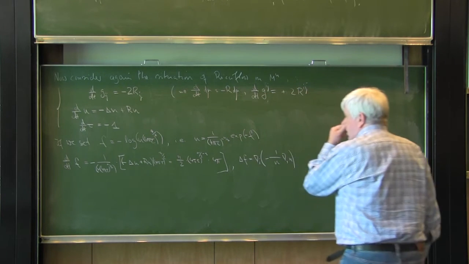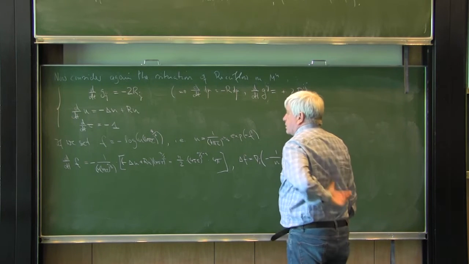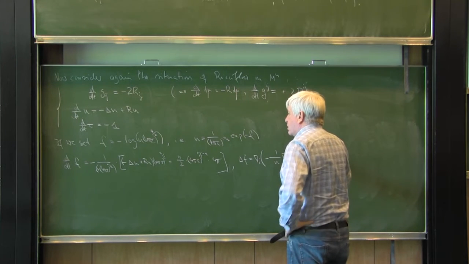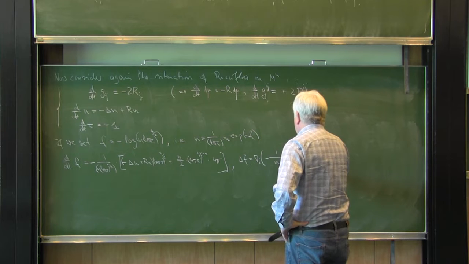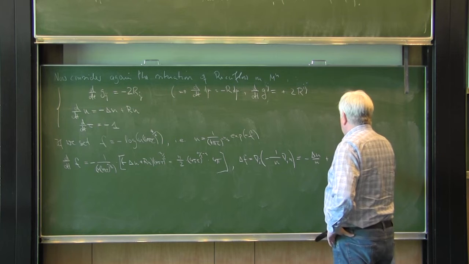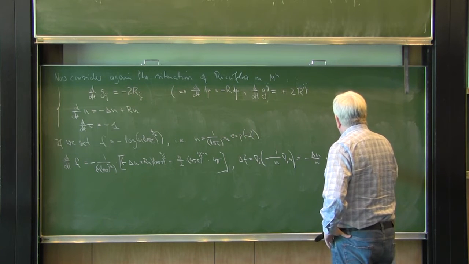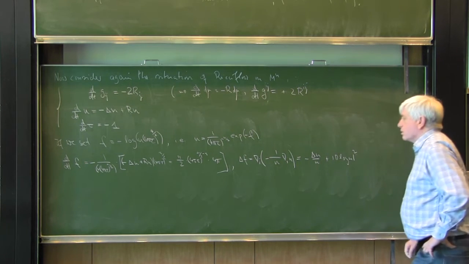And there is no t term there. And then taking one more di, we get minus Laplacian u over u plus gradient log u squared.